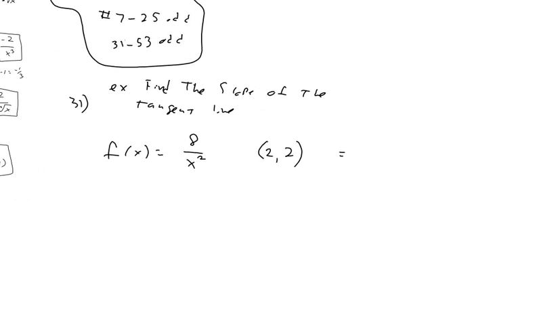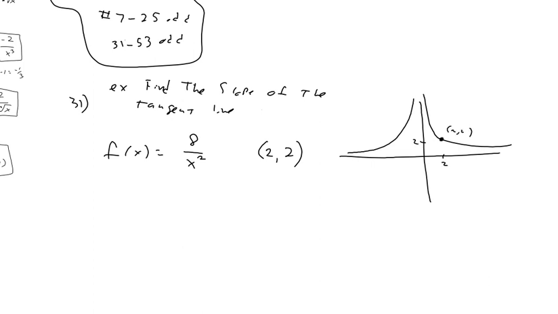The function 8 over x squared looks something like this and like this. At 2, 2, there's a point right here, 2, 2. I want to find the slope of this tangent line right there. M equals what? That's what we're looking for.